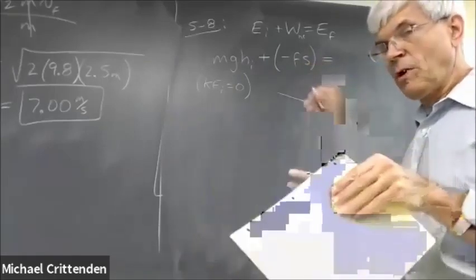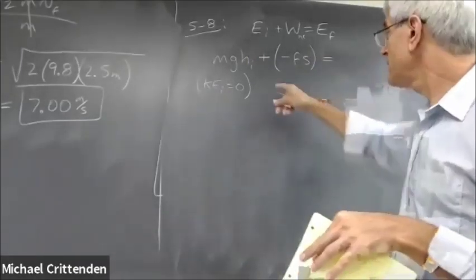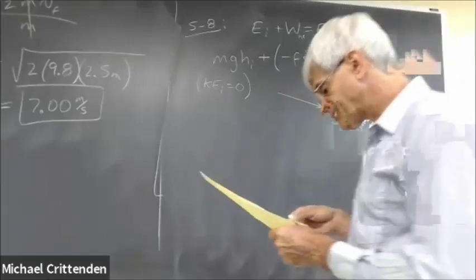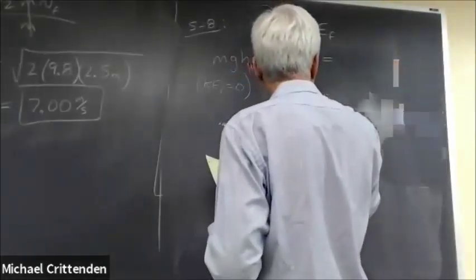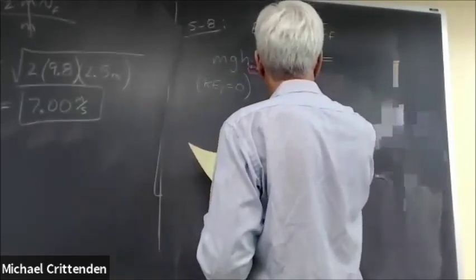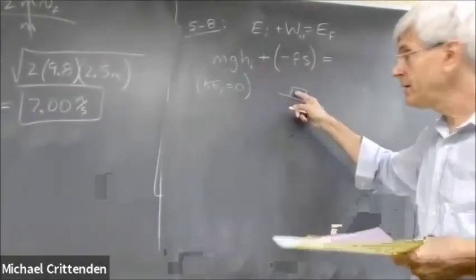If you take just a small piece of that 97, small enough that it moves along pretty much a straight line, then this would be the displacement vector S. And the little box is supposed to be the child sitting on the sled.